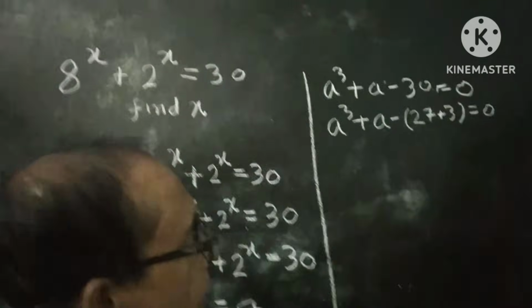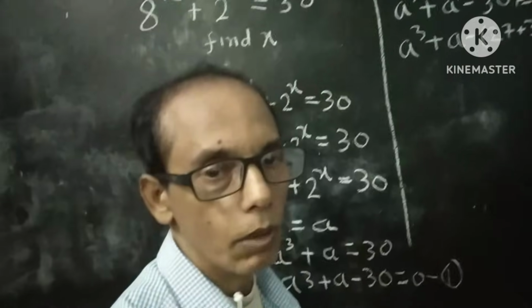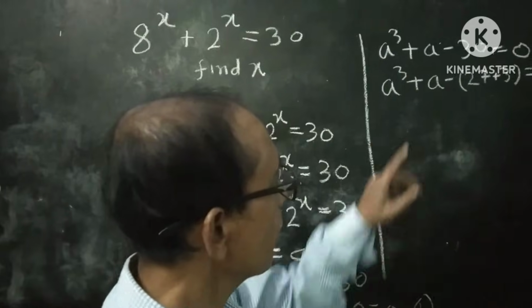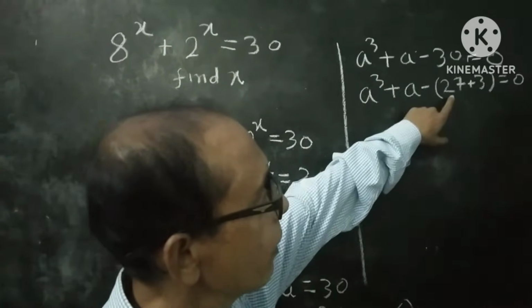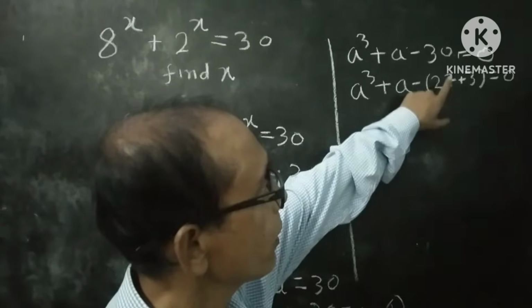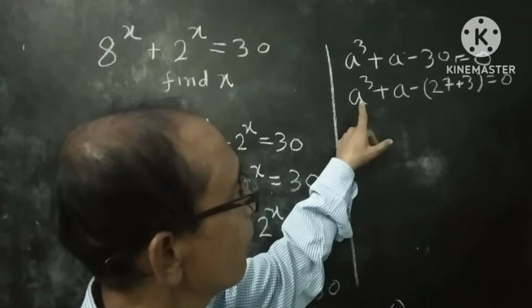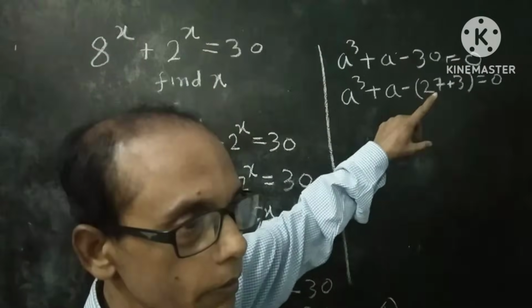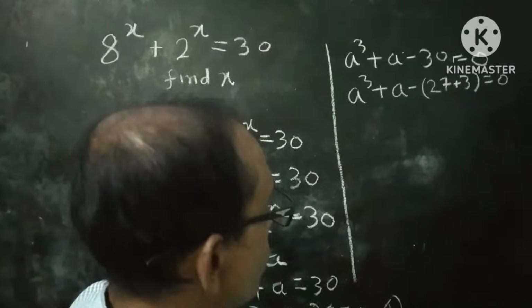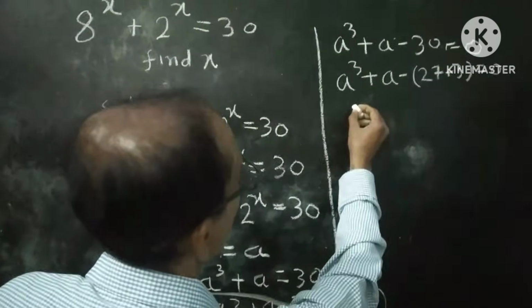Now why are we taking 30 as 27 plus 3? Because here we have a to the power 3, and 27 is 3 to the power 3, so that we can use the formula a cube minus b cube, as we will see here.